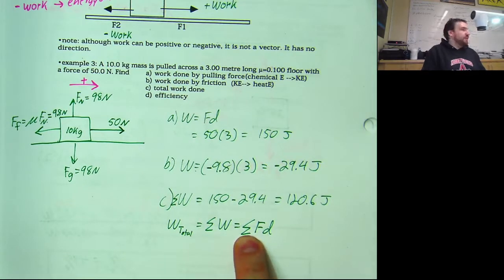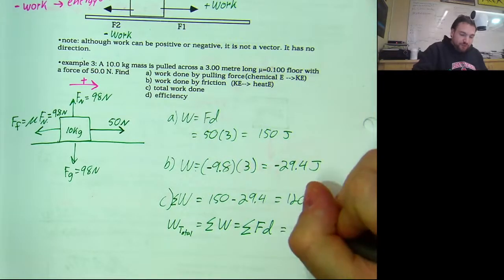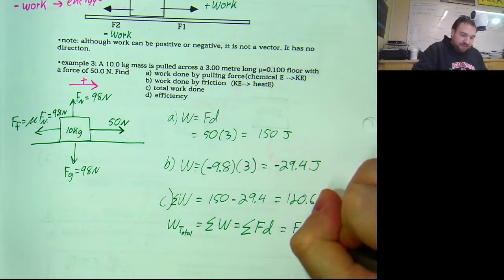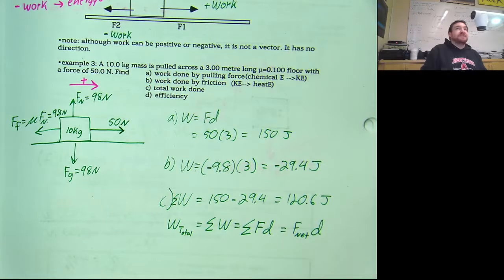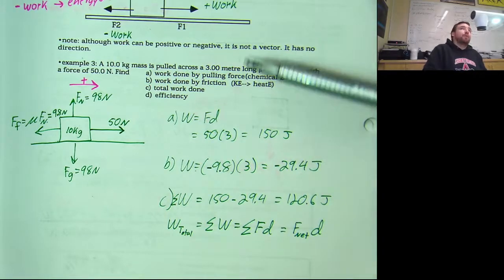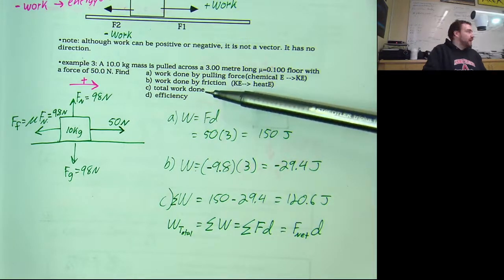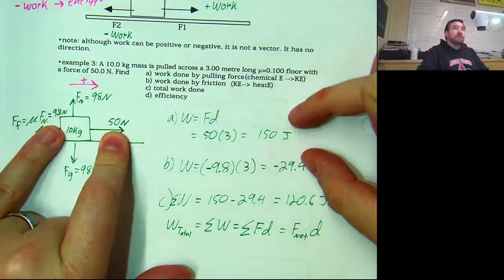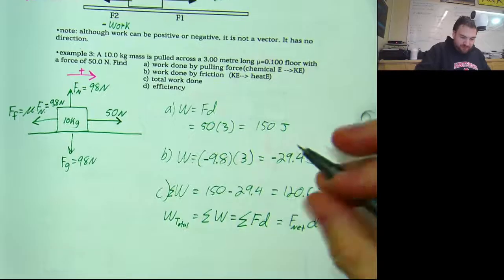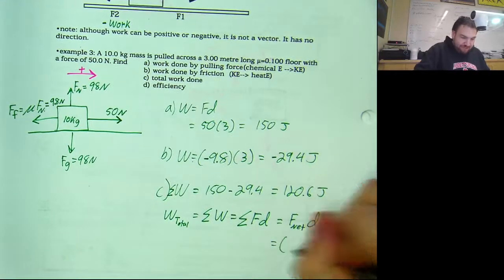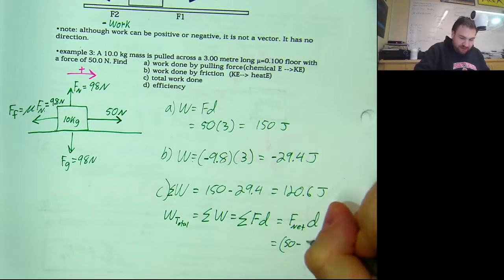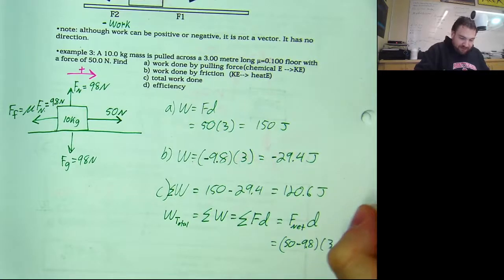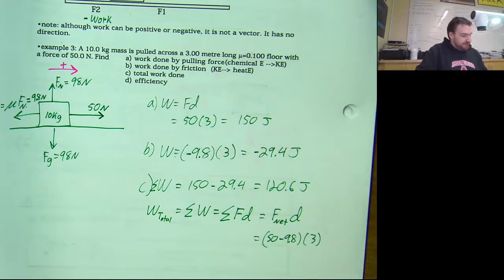Or what value? F net. So we could think of the total work as being equal to F net times the distance. So instead of summing them up at the end, if we wanted to jump straight to total work done, we could have skipped A and B and just looked at what we had here. We could have said that my F net is 50 minus 9.8, times 3, and we would have gotten the same value.